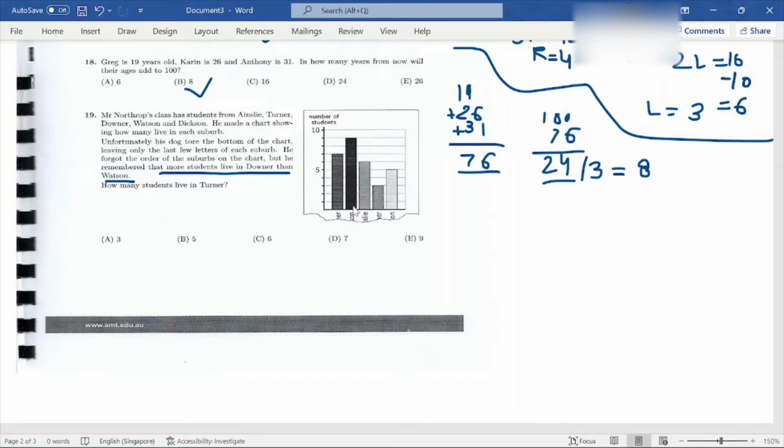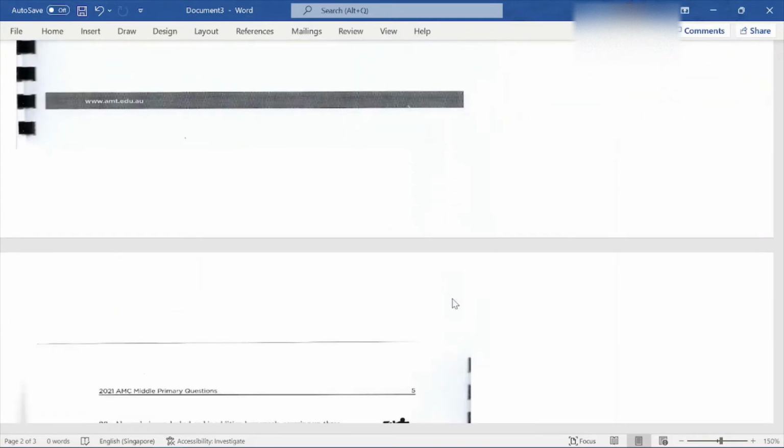And then we have just one Turner here, which is ending up with ER. So definitely this is Turner. Look at the index here, it's a 5 and 2 below is 3. So option number A would be the number of students for Turner suburb.